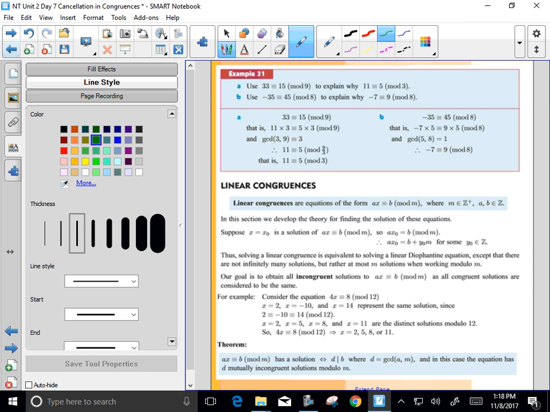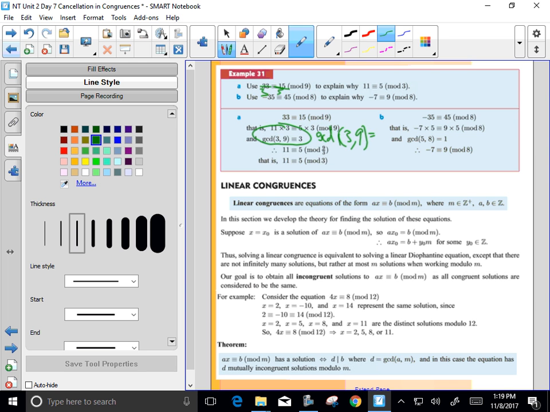All right, and here are some examples that they gave. 33 congruent to 15. Take this first one. First of all, what can you divide 33 and 15 by? 3. So that leaves me with 11 times 3 and 5 times 3, and the modulus is 9. Do 3 and 9 have a GCD?